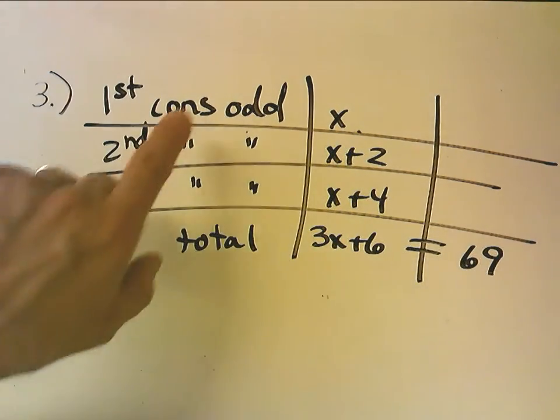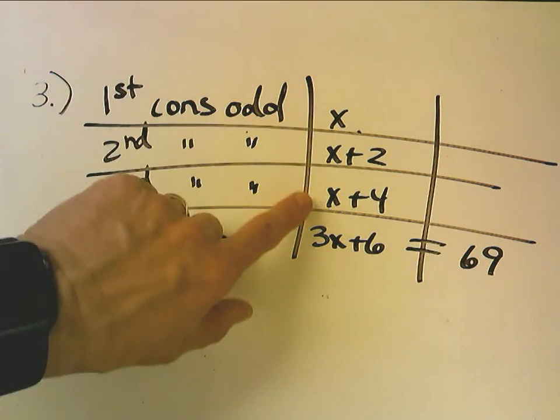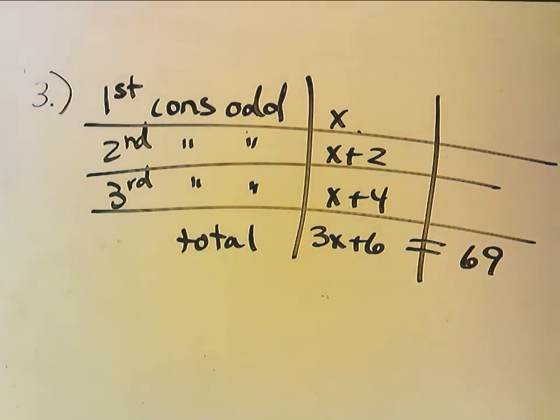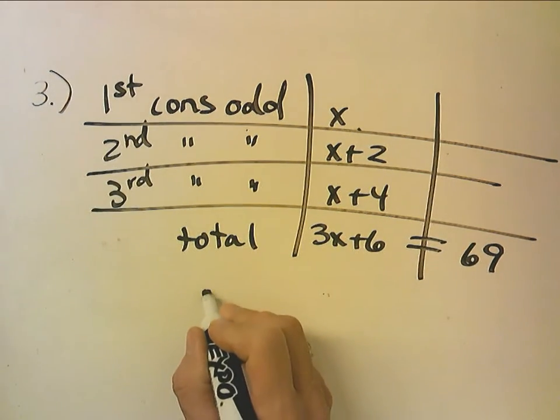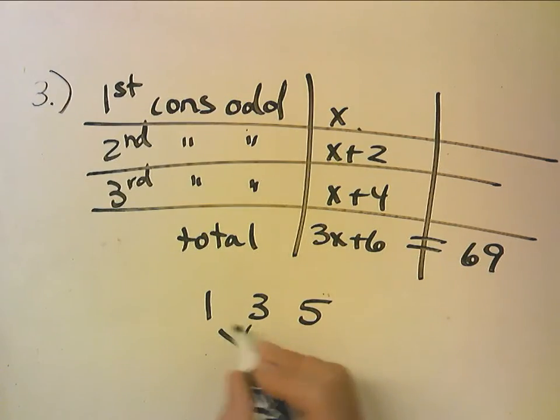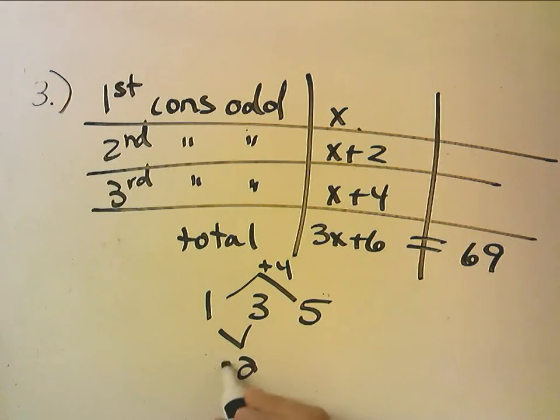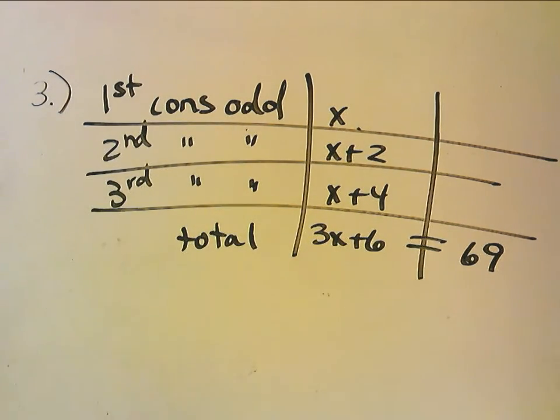Now, notice, even though these are consecutive odd, I'm adding 2 and 4, because the difference between odd numbers, like 1, 3, and 5, the difference between 1 and 3 is 2, the difference between 1 and 5 is 4. So that's why, even though they're odd, you're adding 2 and you're adding 4.